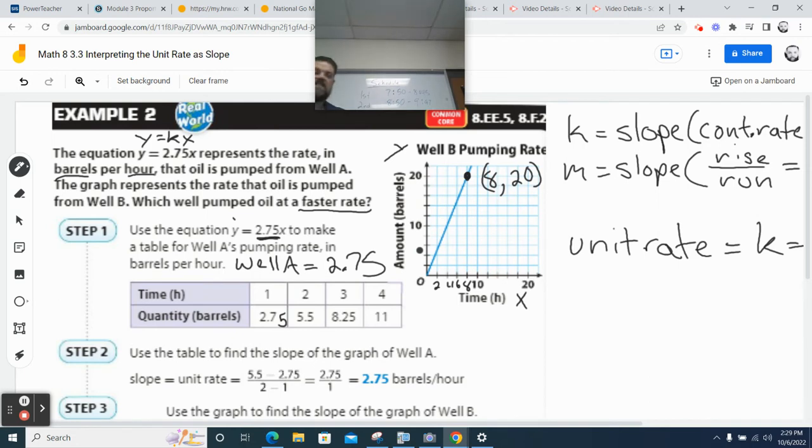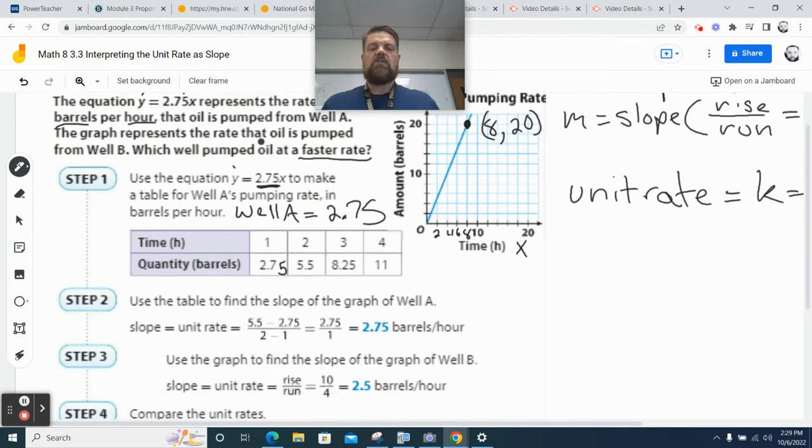Well, let's see what they said. From here to here, I add 2.75. From here to here, I add 2.75. From here to here, I add 2.75. And then from here to here, I add 1. From here to here, I add 1. From here to here, I add 1.